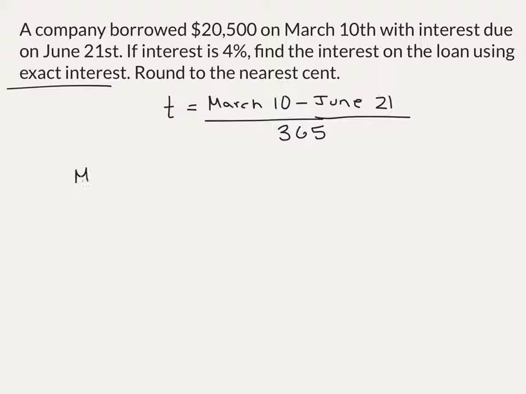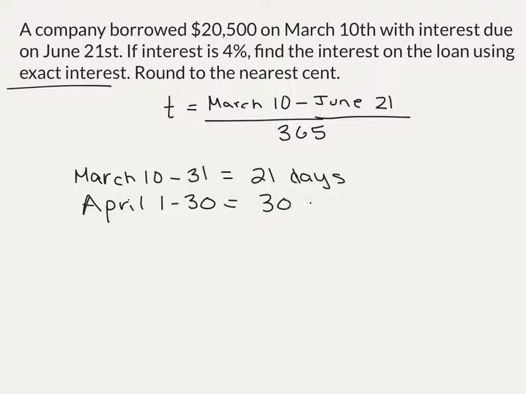So first we'll look at March. There are 31 days in March, so March 10th to the 31st. We'll just subtract 31 minus 10 gives us 21 days. Next we have April. So April 1st through April 30th, that's 30 days. And then May, there are 31 days.